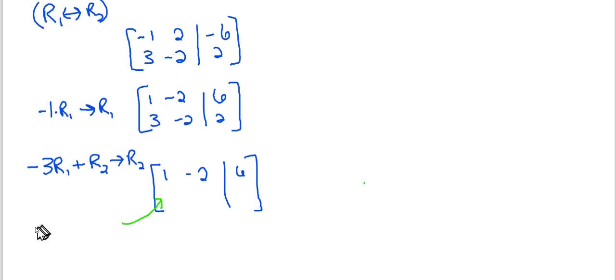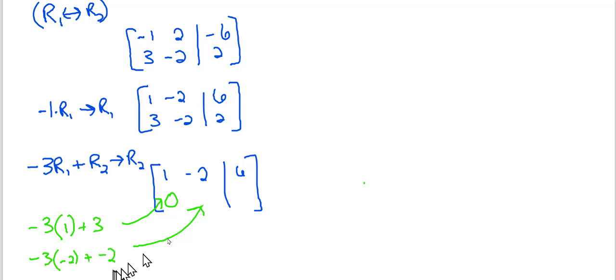In this spot, I'm going to follow this pattern. -3 times my row 1 entry is 1, plus my row 2 entry, 0. That's what I wanted. Here, I'm going to do -3 times my row 1 entry. I'm always looking at the matrix above. -2 plus my row 2 entry is -2.